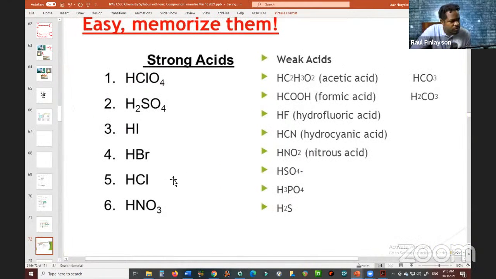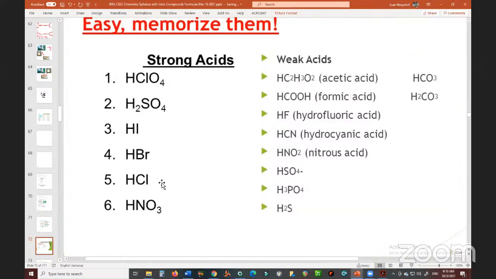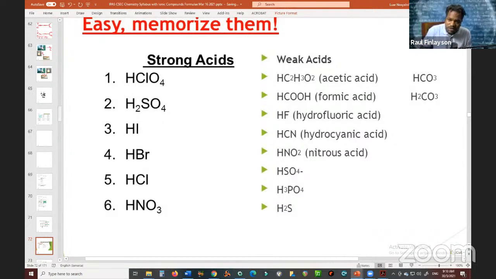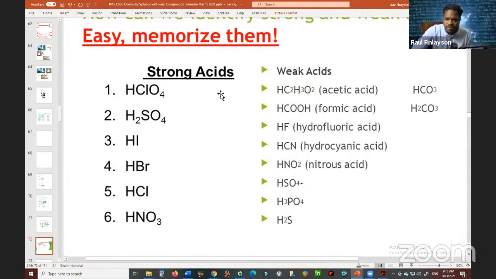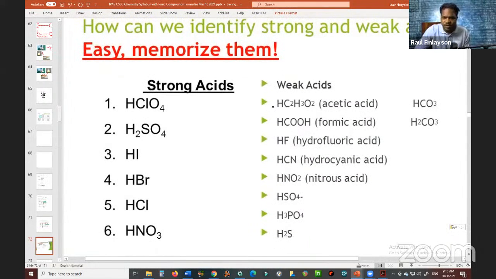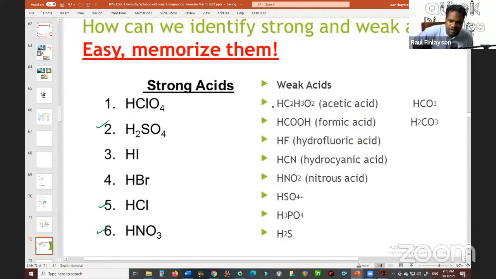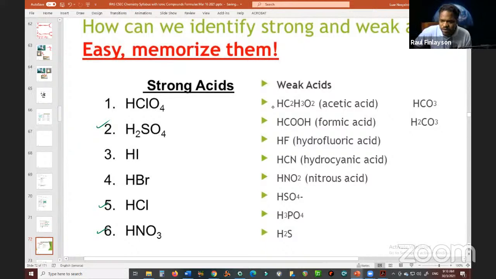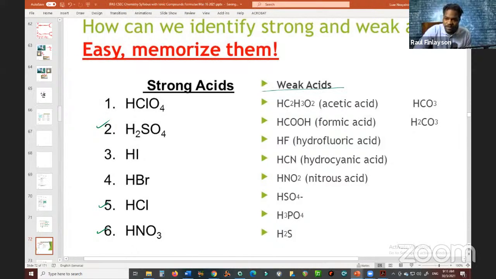You guys can hear me? Yes, sir. All right. Well, here it is now, guys. According to this, we can identify strong and weak acids. So this list is better. The ones that you're expected to know are number 5, number 6, and the second one. The rest of them you can forget about for CXE purposes. And of course these weak acids you're going to need to know.